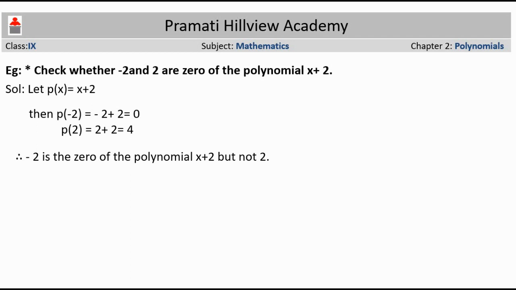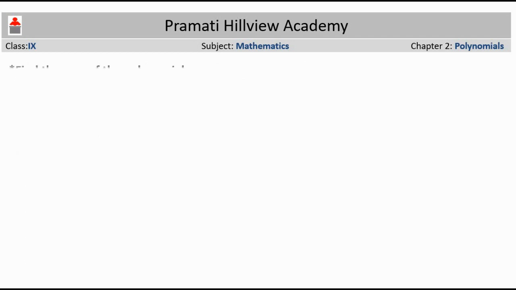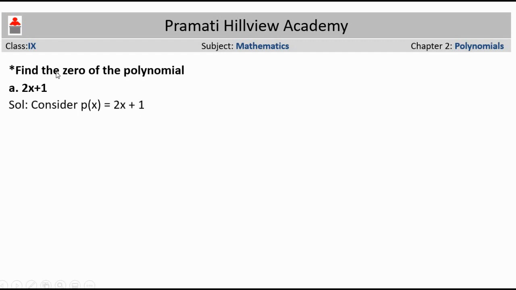Now we know how to check whether the given values are zeros of the given polynomial. Now, let's find the zero of the given polynomial. So first, let's take the polynomial 2x plus 1. Let's consider the polynomial p of x is equal to 2x plus 1.